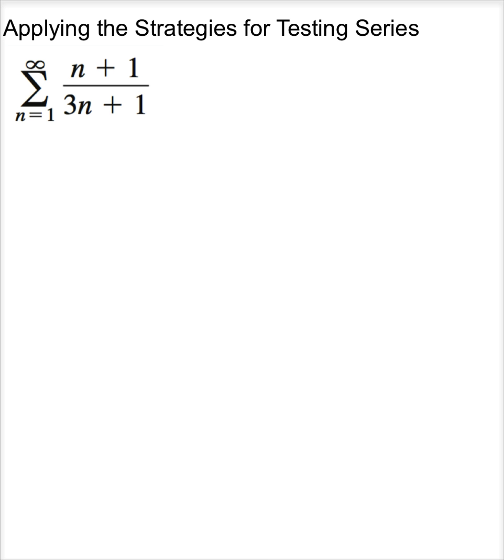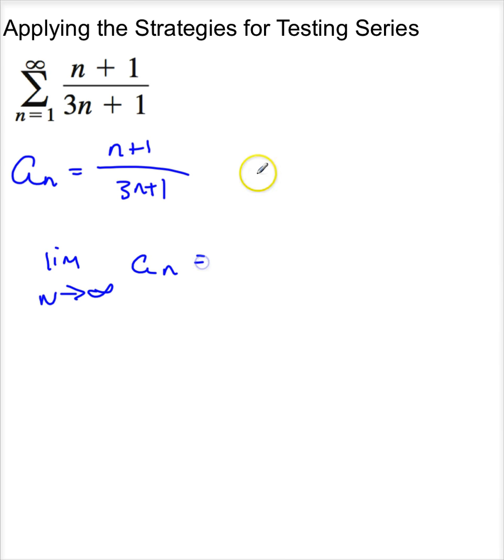Let's look at the sum as n goes from 1 to infinity of (n+1)/(3n+1). Now, if a_n is (n+1)/(3n+1), the first thing I always want to do is look at the limit as n goes to infinity of a_n. In this case, it's the limit as n goes to infinity of (n+1)/(3n+1), which is 1/3.